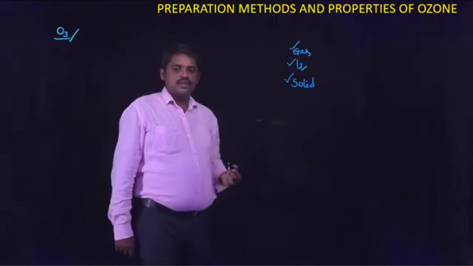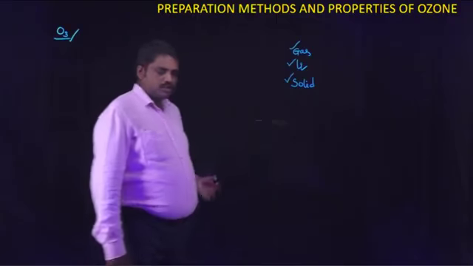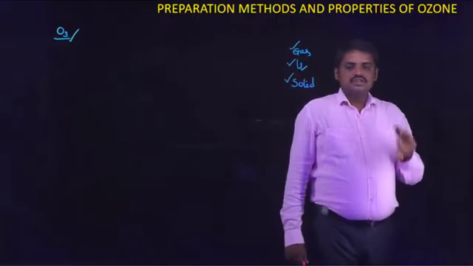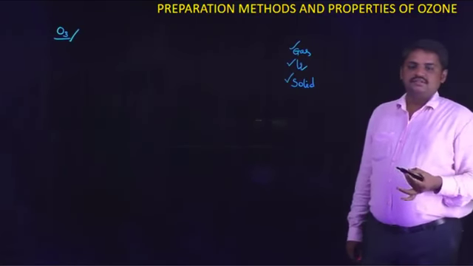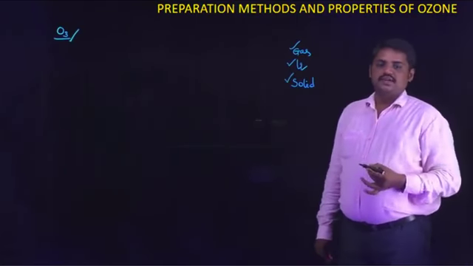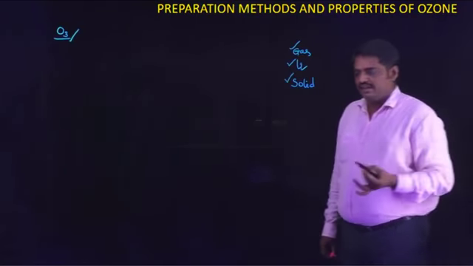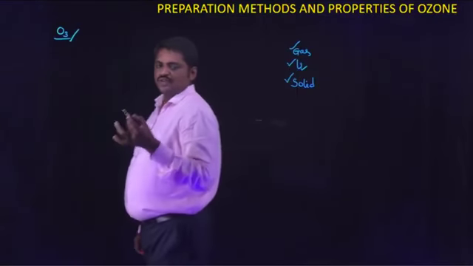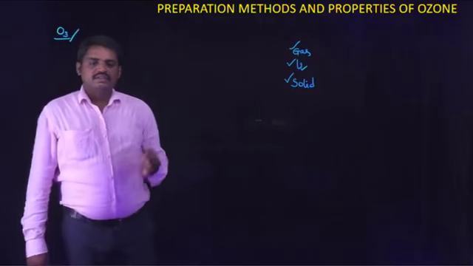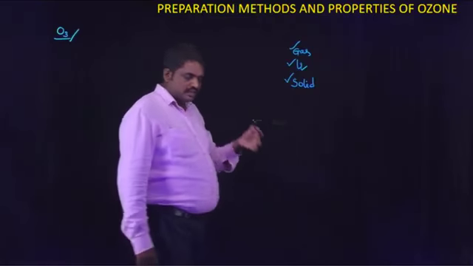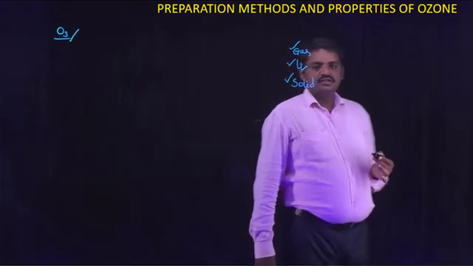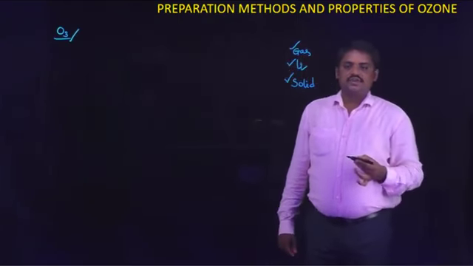Most probably, the ozone molecule is available in the stratosphere in the atmosphere. The atmosphere contains three zones. The first zone is the troposphere, the second zone is the stratosphere, and the third zone is the mesosphere.